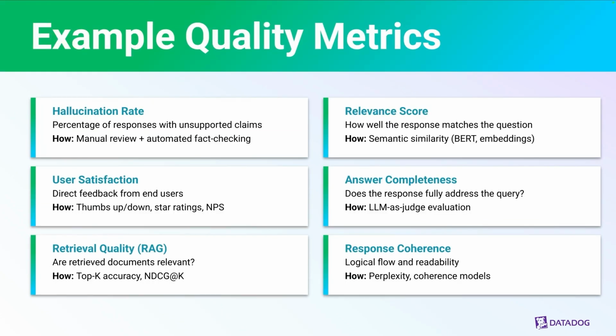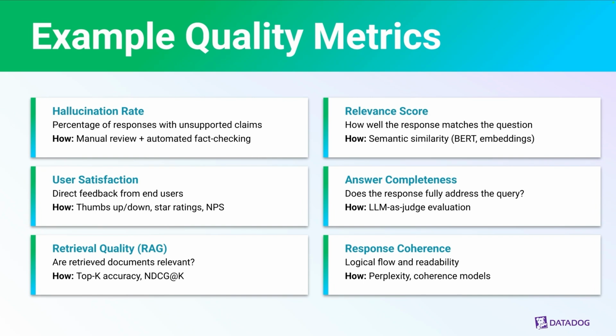Now that we understand the challenge of measuring quality, let's look at the essential metrics you must implement to move beyond the simple "it works" status codes and truly measure the output of your GenAI app. We'd recommend tracking these 6 key metrics. First, the hallucination rate. Second, the relevance score.